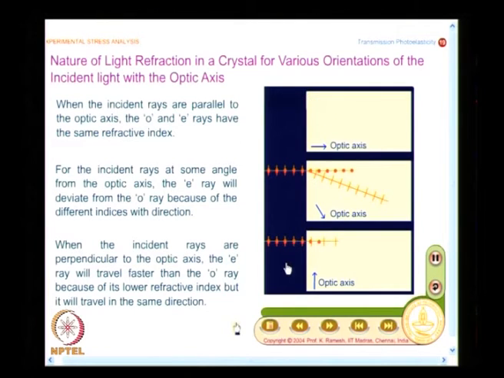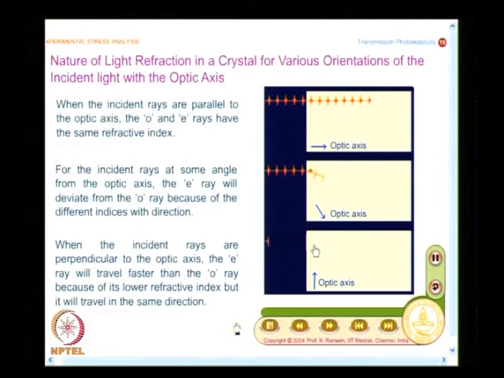In the third case, both the ordinary and extraordinary rays travel in the same direction, but because of different refractive indices, they travel with different velocities. So for one incident beam, I have two refracted beams whose planes of polarization are mutually perpendicular.